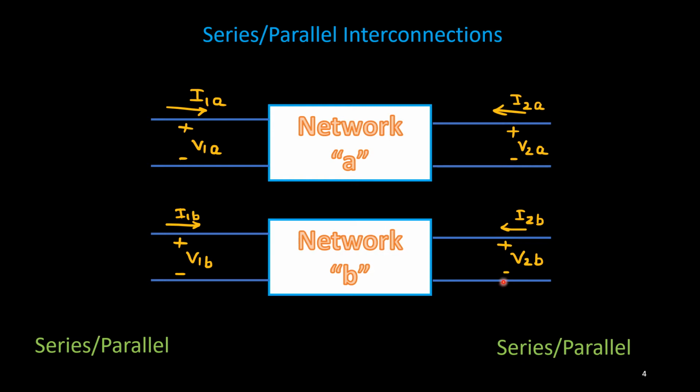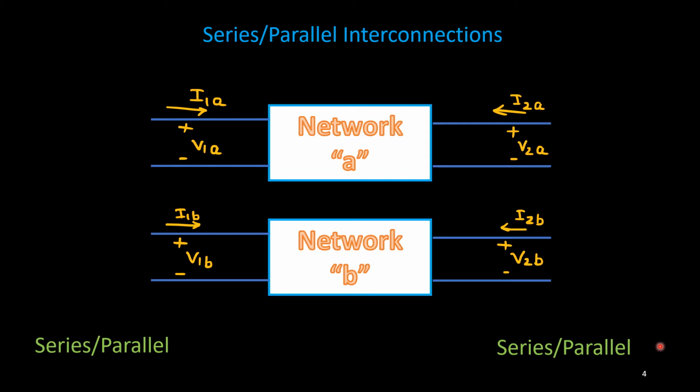Again, on the output side also, I can combine them by either series or parallel connection. So we can have four such combinations: series-series, series-parallel, parallel-series, or parallel-parallel. These four connections are possible.